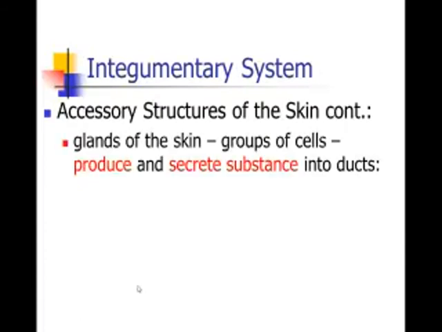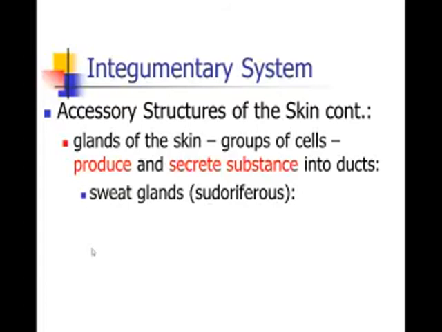Okay, glands. The skin has glands, and glands typically are groups of cells. Most glands are epithelial, incorporating epithelial cells. They produce materials that get secreted, and these glands are typically secreting into ducts. So we have several types. We have sweat glands, or sudoriferous glands.